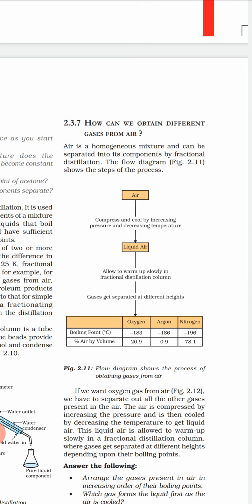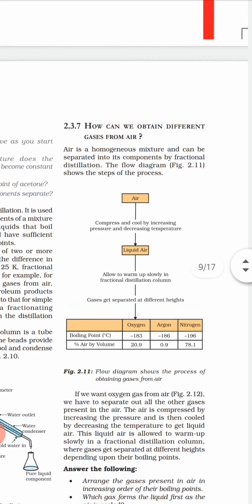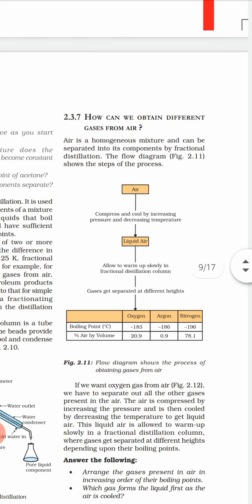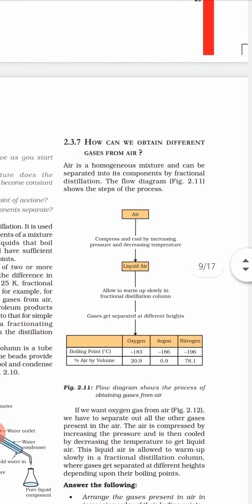Out of these three, which one has the least boiling point? That is nitrogen. Though the number 196 is bigger, it is actually less because it is on the negative scale. So minus 196 is the least.